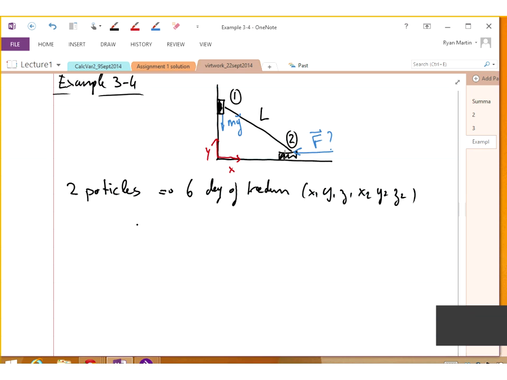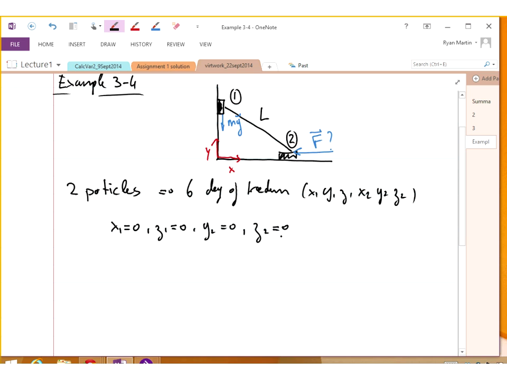x1 is equal to 0 because mass 1 is constrained to the vertical wall. We have z1 equals 0 because it's not moving in the z direction. We have y2 equals 0 because the bottom mass is constrained to move in the x direction. We have z2 equals 0 because, again, it's a two-dimensional problem. And then we also have the constraint that the two masses are separated by a distance L from the rigid rod.